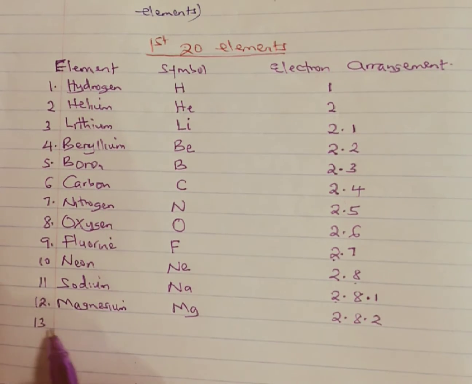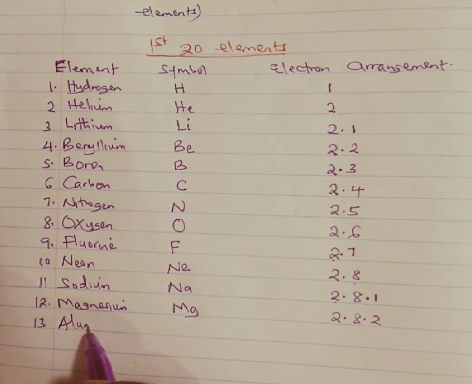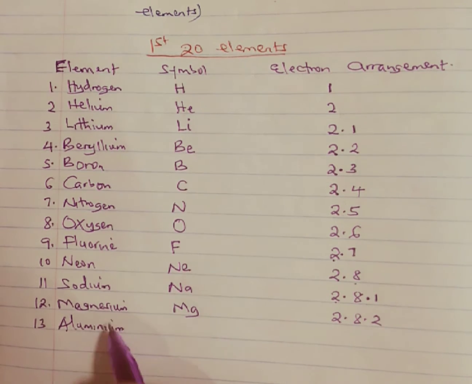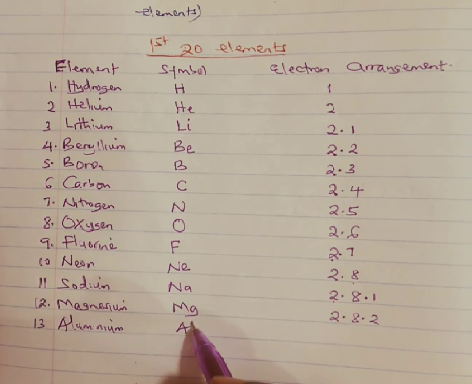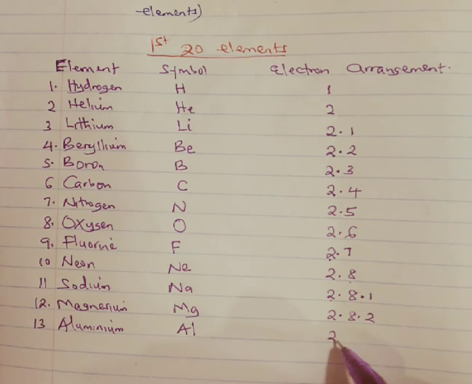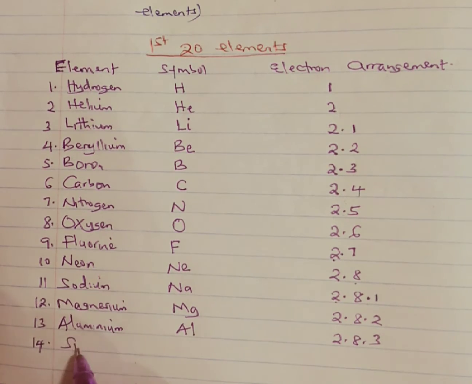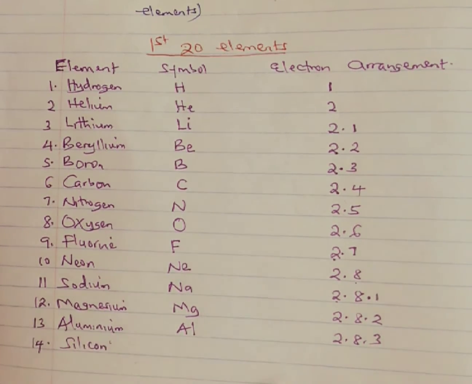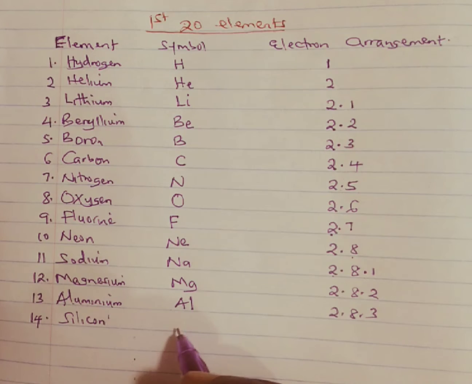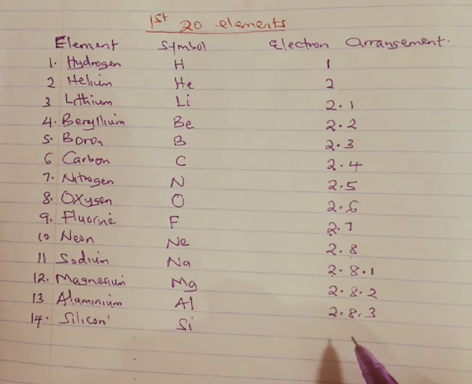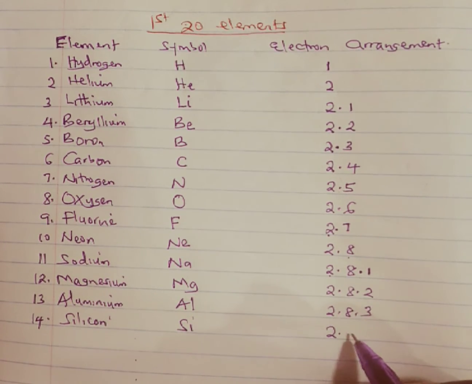Number 13 is aluminium, with a chemical symbol of Al. The electron arrangement is going to be 2, 8, 3. We have number 14, which is silicon. The chemical symbol for silicon is Si. The electron arrangement or electron configuration will be 2, then 8.